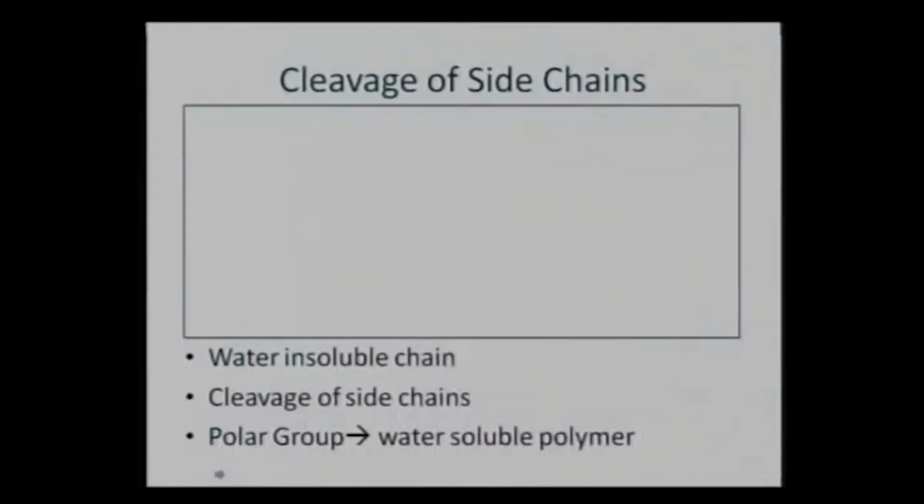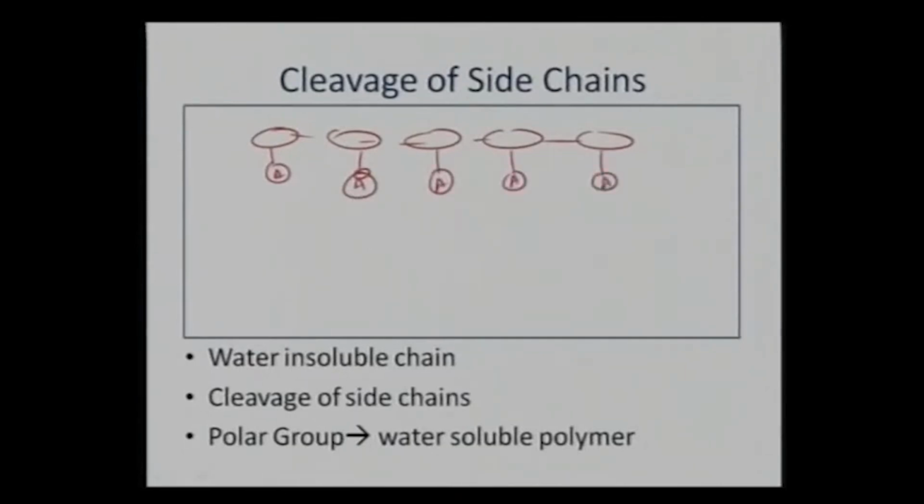And similarly, what can happen in cleavage of the side chains is that we can have an overall chain with certain side chains, and due to the non-polarity of this particular polymeric chain, this chain is water insoluble.